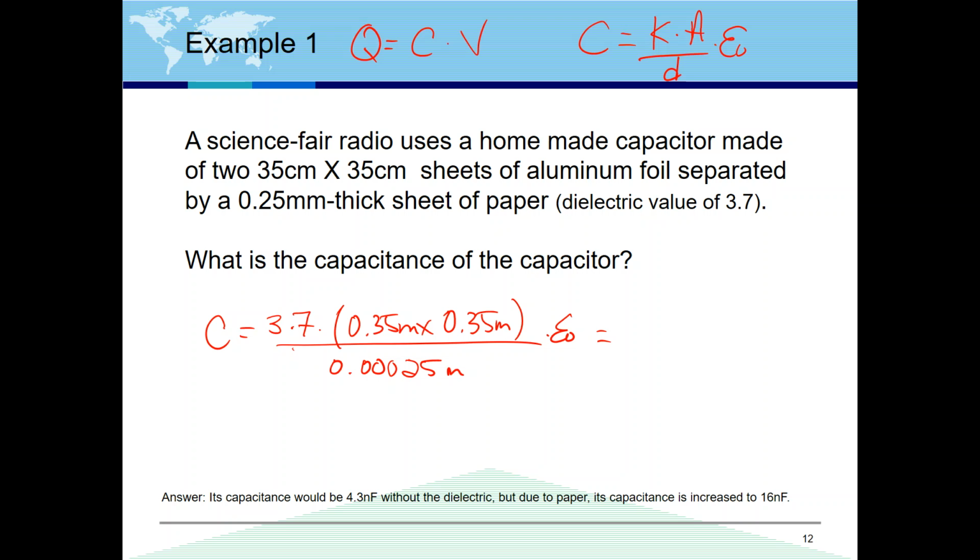Maybe someone can calculate it for me real quick. On your calculator? Epsilon naught is 8.85 times 10 to the minus 12.